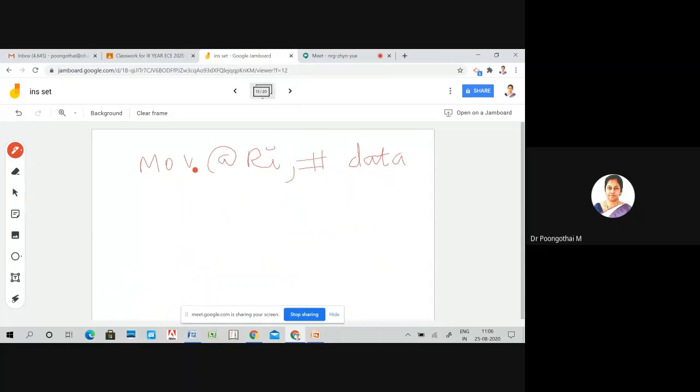So next one, MOV @Ri, #data. MOV @R1, #08. So transferring 8-bit data to the address pointed by R1. Okay.